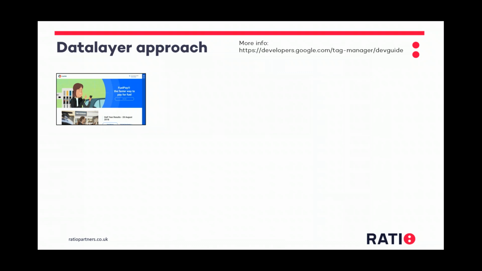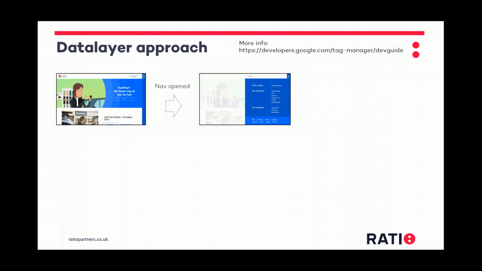I'm not going to go into a massive amount of technical detail here about what that does. You can read this developer's guide that Google have available. I'll send that to your devs if you're interested. But what I will do is show you at a high level what that looks like. So someone lands on the page here. We have a petrol company in Australia. They open a navigation menu.